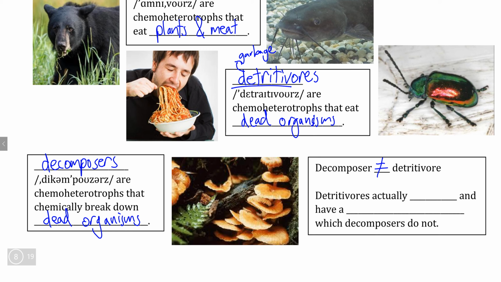Detritivores actually eat other organisms, meaning that they have a mouth and the inside organ system, which is what we call a digestive system, such as a stomach, intestines, and the like, whereas decomposers do not actually have this and instead release chemicals outside of them to break down organic matter, which they then absorb.